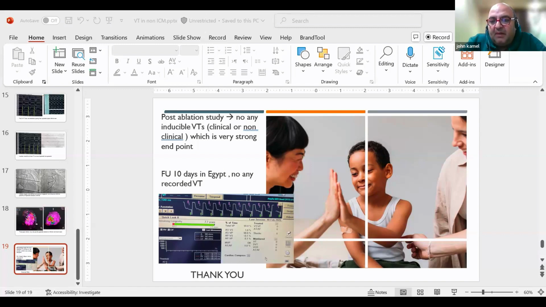We give an ACE inhibitor and beta blocker just for anti-failure treatment. In such a patient, we did not use amiodarone because there is a very good endpoint: rendering non-inducible VT at the end of the procedure is very reassuring.